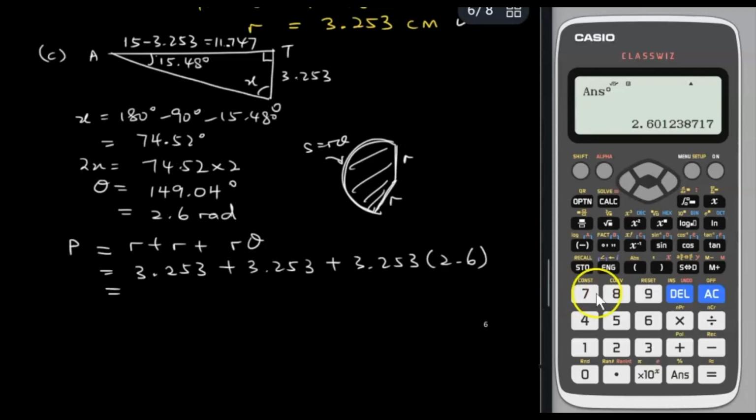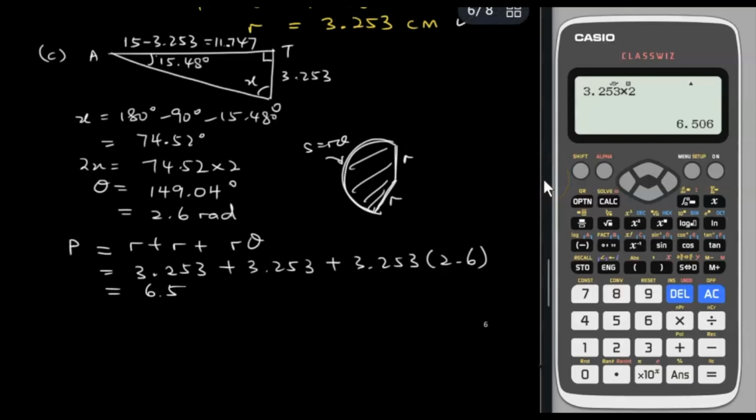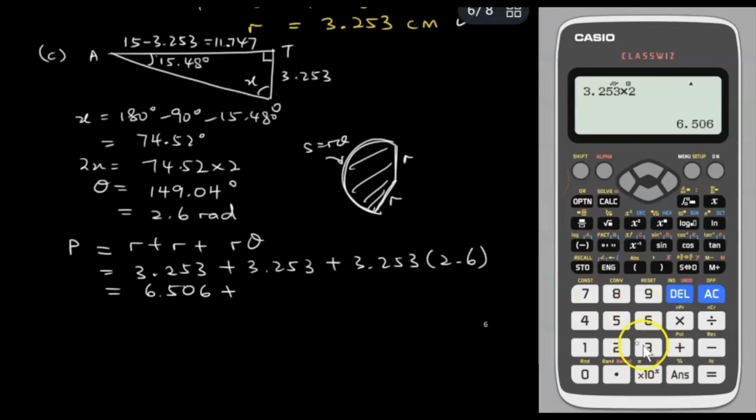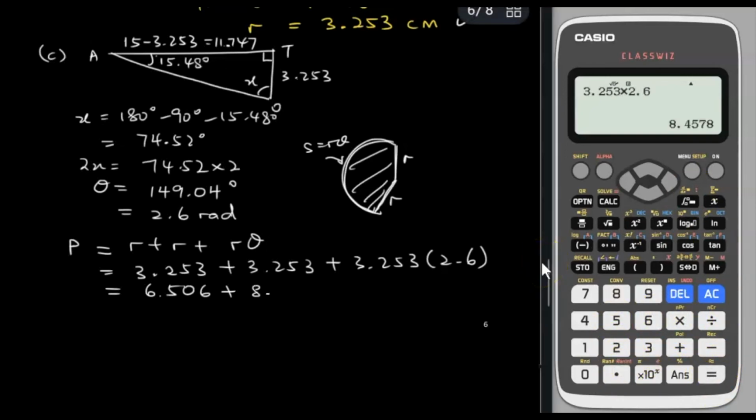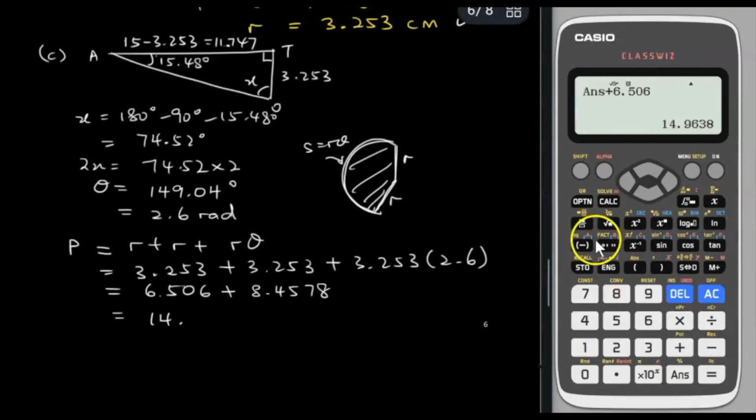Let's calculate this. 3.253 times 2 gives 6.506, plus 3.253 multiplied by 2.6, which gives 8.4578. Then we add the first one, 6.506. So we get 14.96 rounded to 2 decimal places, and this is the perimeter.